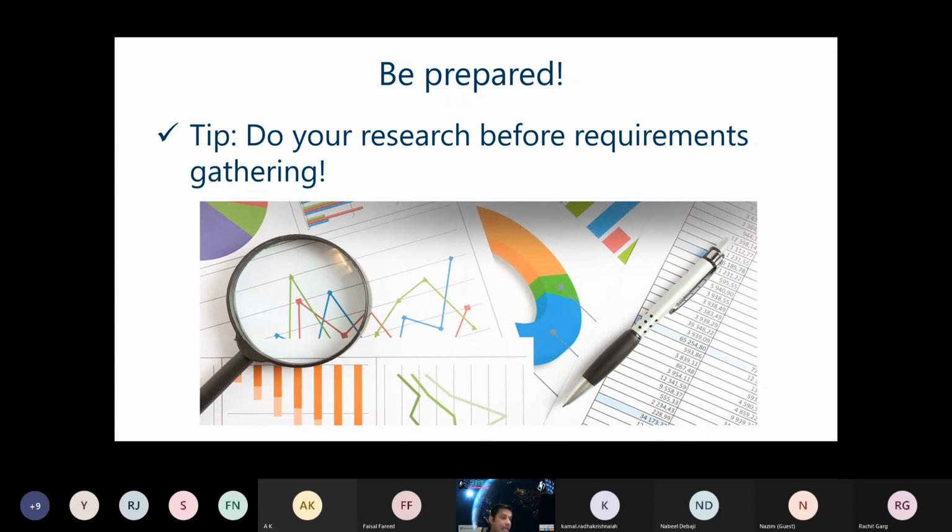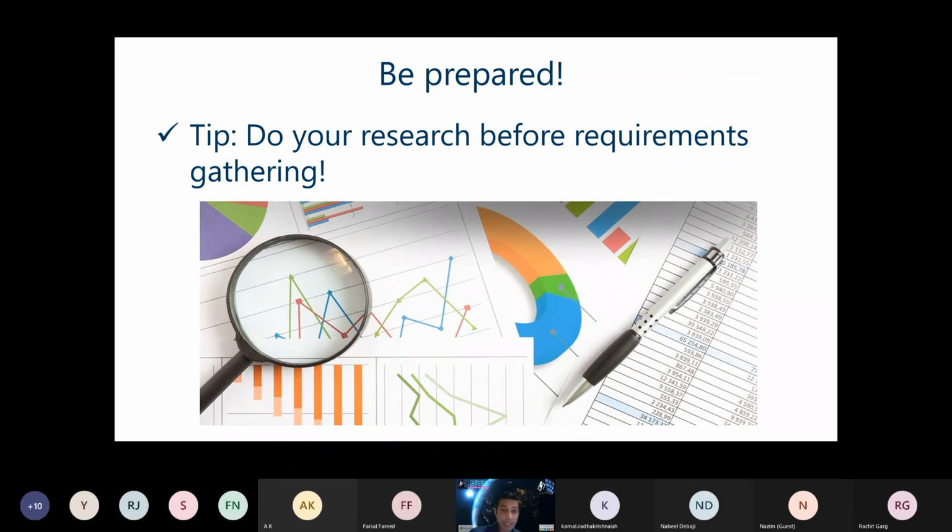And more importantly, if they are publicly listed, there could be a wealth of information you can find about a company, which can truly help you in stepping up your game during the requirements discussion, and appear as a prepared consultant who knows about the business model, who knows about the business strategy, who knows what they are essentially doing. So preparation is really the key, and research is absolutely critical if you want to excel in consulting in general.